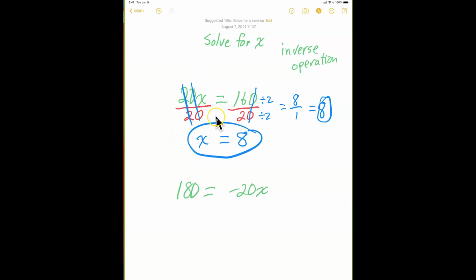If we wanted to check the answer, we could plug this 8 in for every x that appears in the original. If we put the 8 up here, is 20 times 8 equal to 160? Yes, it is. So just by following these steps, you don't even have to think too much. You can get the correct answer.